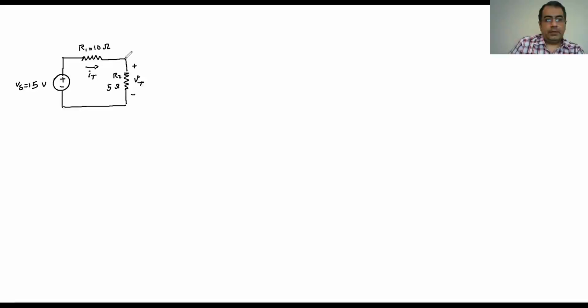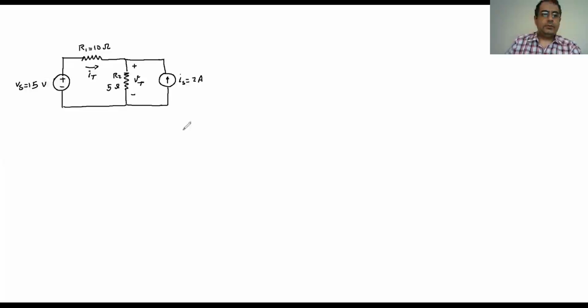And then we have this current source that has a current of 2 amps.